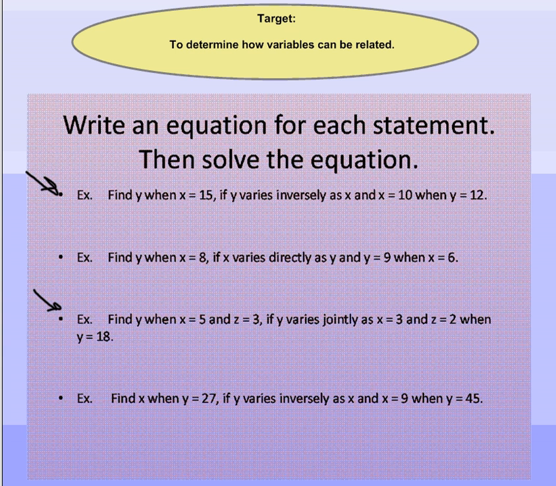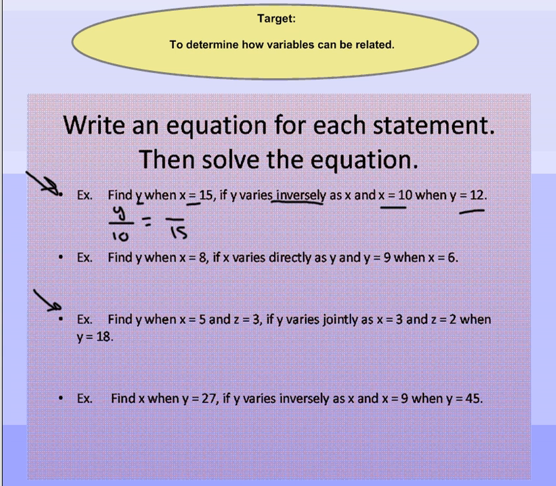Okay. We're going to find y when x is 15 if y varies inversely as x, and x equals 10 when y is 12. So we're missing a y there when x is 15. If we're going to set up a proportion, I'm going to put those on an inverse variation proportion. I'm going to put them across from one another. The other set of numbers that we know, x is 10 when y is 12.